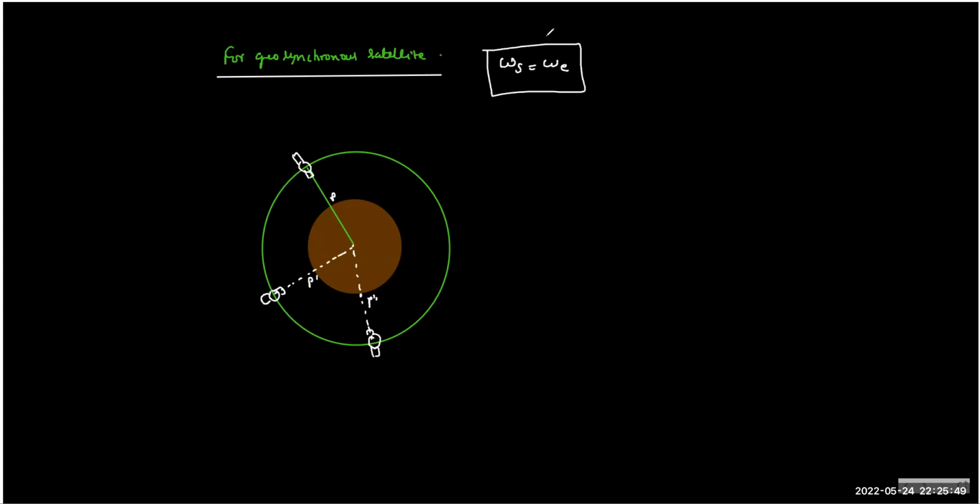Yes. And then what you need to write is the formula. So we know that omega of a satellite is root of GM by r cube, and omega of the Earth, with a 24 hour period, is 2 pi by time period. This will give you something very interesting: GM by r cube is 4 pi square by T square.